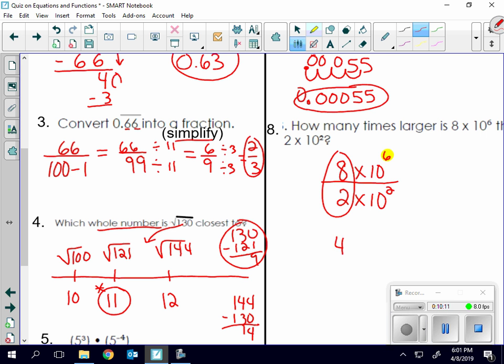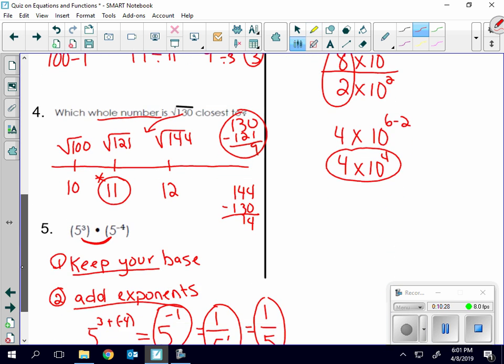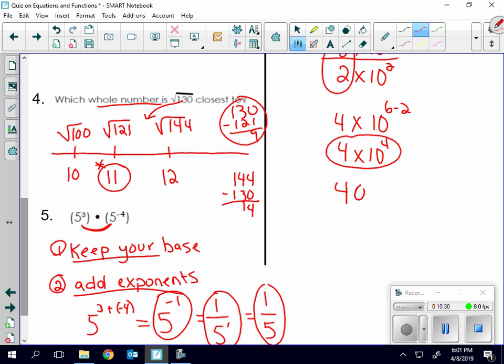And when we do our powers here, we keep our base, and this time we subtract our exponents. So this is 4 times 10 to the 4th power. I accepted that, or I accepted standard form, which would be 4 with 4 zeros. Either answer is fine.